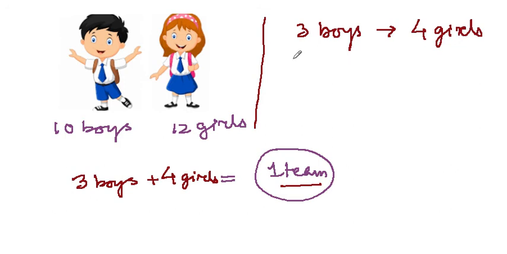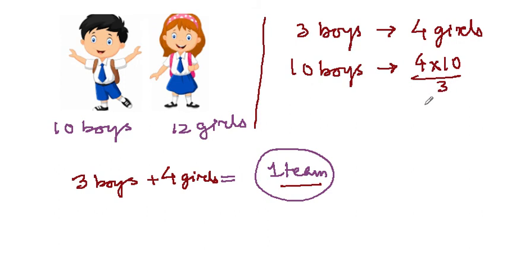So if we have 10 boys, we'll be needing how many girls? 4 into 10 divided by 3, so that is somewhere close to 12.3, a number that is a bit larger than 12.